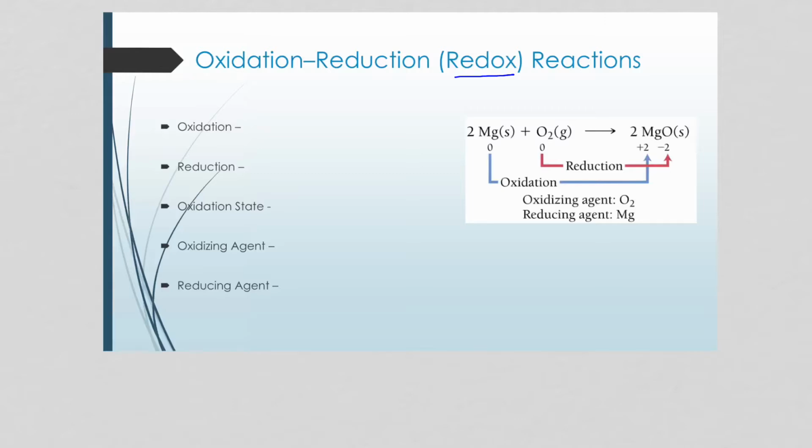Now, one of the reasons we look at them at this point is that they are a really important type of reaction because they occur in lots of different places all around us. So we can list just a few examples of where we see redox chemistry and may not even realize it.